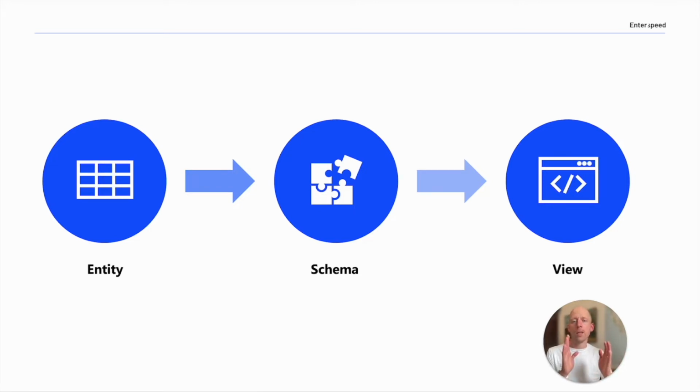And we take the entity and schema, put them together, and create what we call a view. And that view is then what we are pushing to multiple geographical regions and making available to be served very performantly via our delivery API.